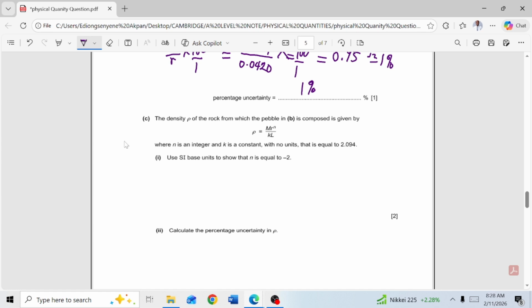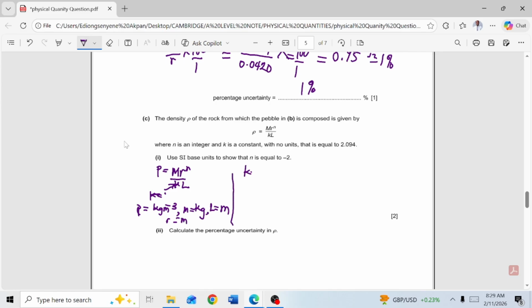Now, let's write down the form of the expression given to us. K has no units, so that one is out. Unit for density is kilogram per meter cube. Unit for mass is kilogram. And unit for length is meter, while unit for radius is meter. Let's put them together.